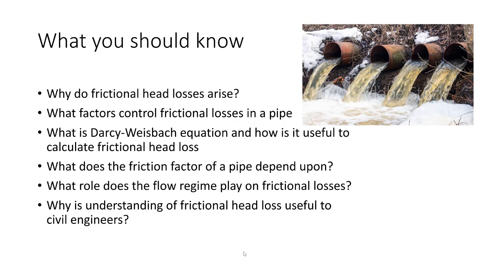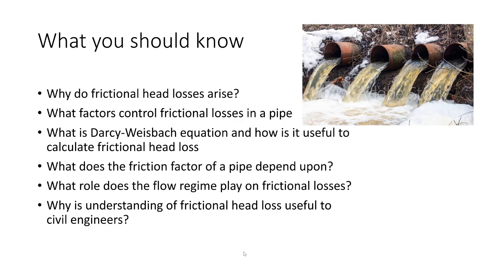So at the end of the experiment, you probably got an idea of why friction losses are important. Why do we have friction losses in pipes? What factors control friction losses in a pipe? You also need to know the Darcy-Weisbach equation, how to use it, and how it is useful to calculate frictional head loss.